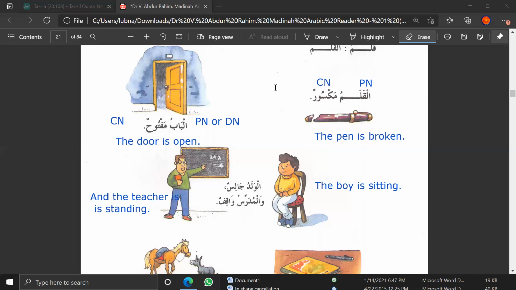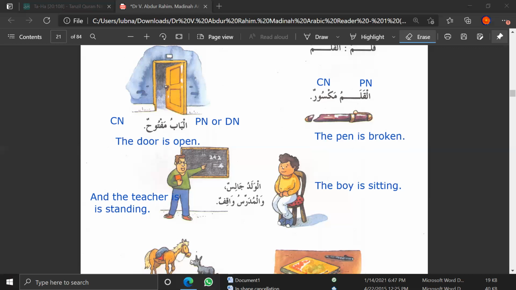Okay. Al-qalamu maksurun. Al-babu maftuhun. Can you say these sentences and their translation? القلم مكسور. The pen is broken. الباب مفتوح.